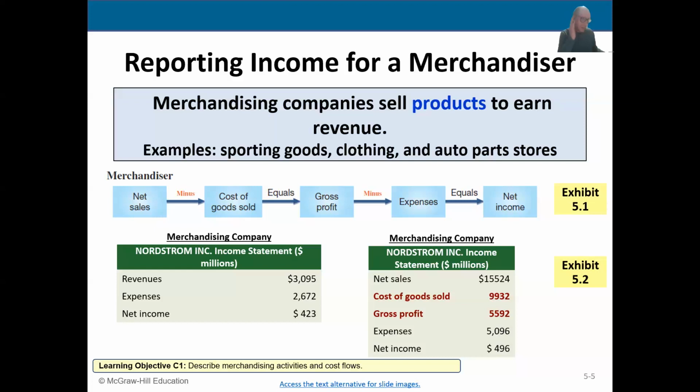Minus expenses. Expenses are the day-to-day operating expenses of the business. This would include things like rent, utilities, payroll, wages, repairs and maintenance, etc. There's a ton of expenses I can list. Equals net income.